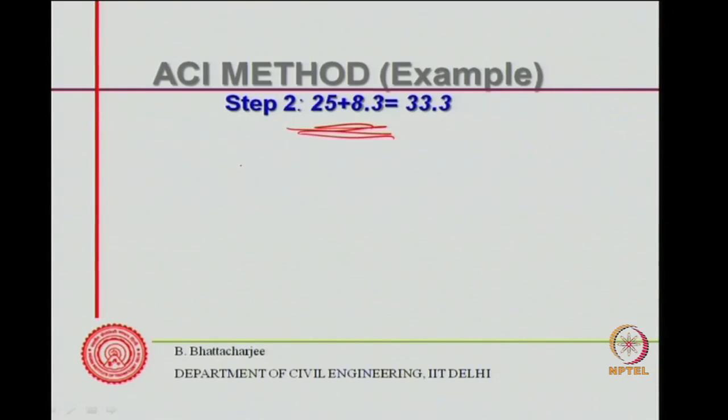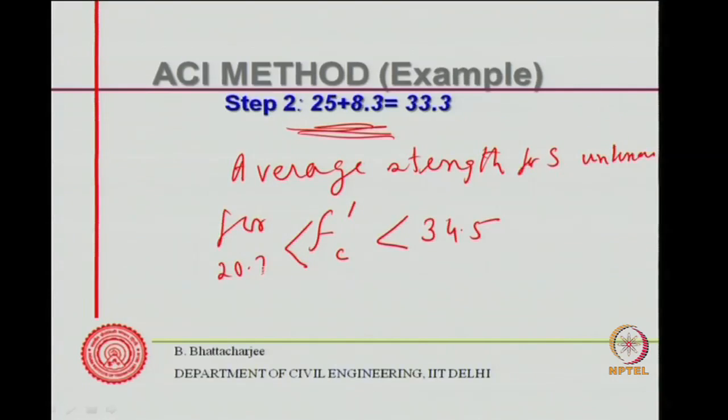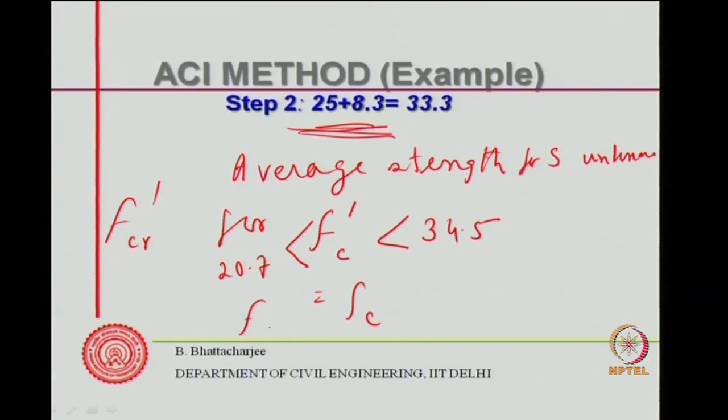So, we said the average strength when S is unknown, for fc' less than 34.5 and greater than 20.7, fcr' the average strength is equal to fc' plus 8.3.